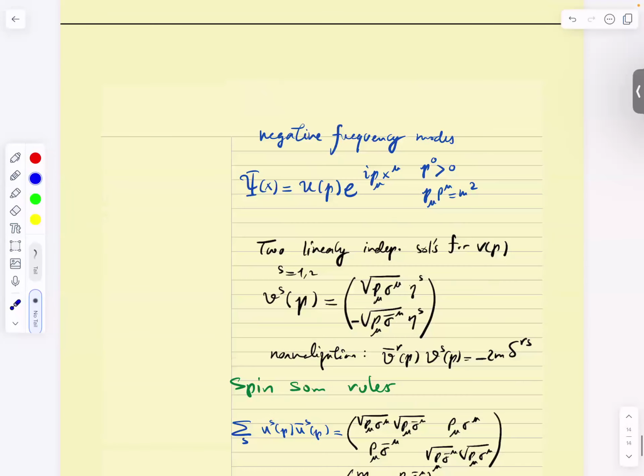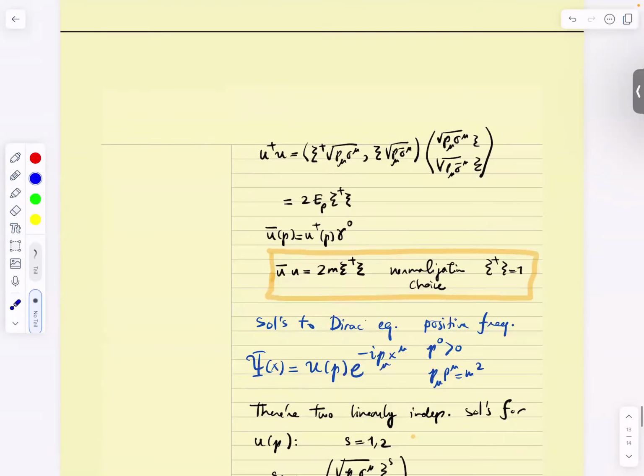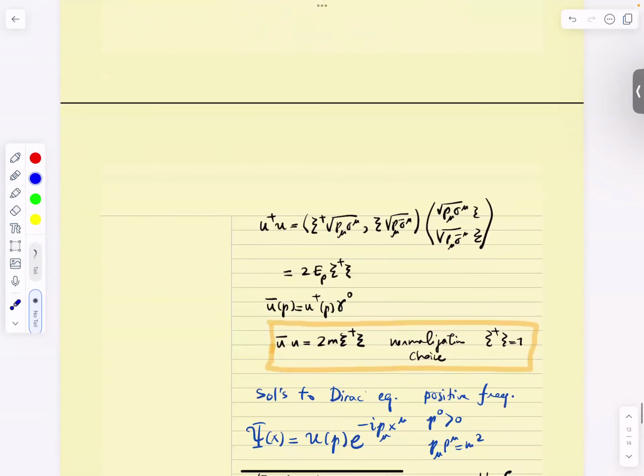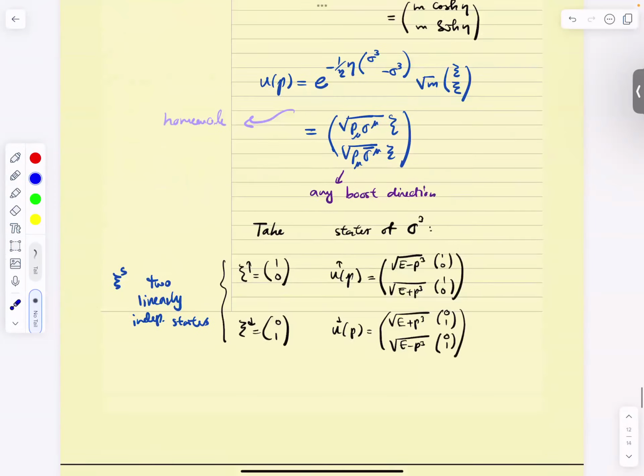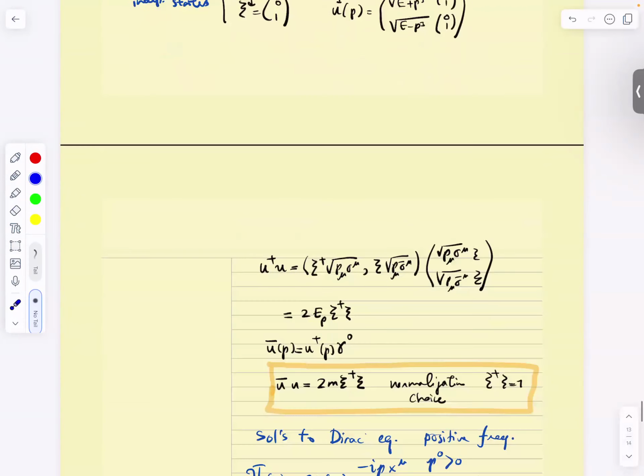Actually, I'm running out of time, and I'm halfway through this. Let me try. Okay, so this is my u(p). This is the solution to the positive mode, and it's a convention to normalize your ket properly, right?